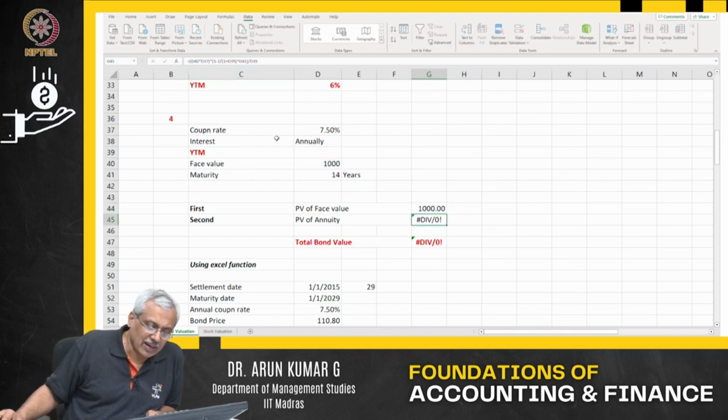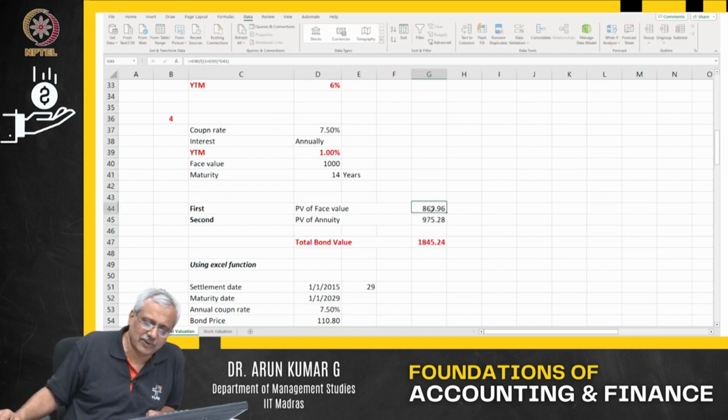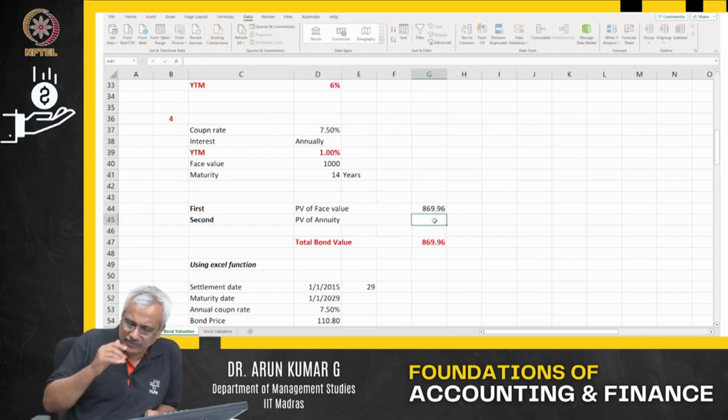We don't know what the YTM is for the goal seek. I'm just keeping it as 1% as of now. Now, what is the present value of the annuity?